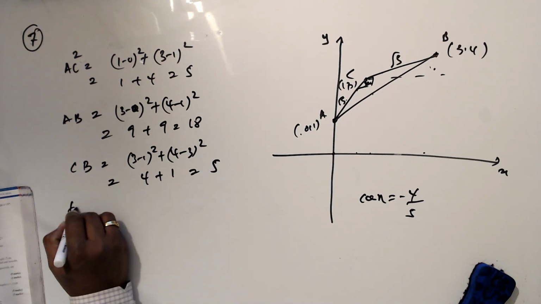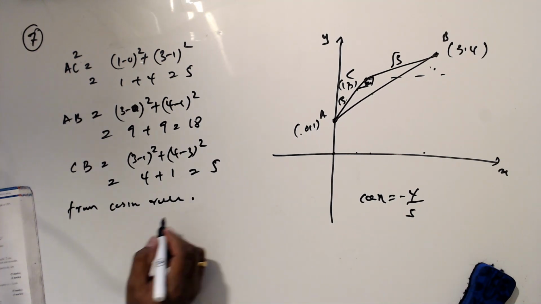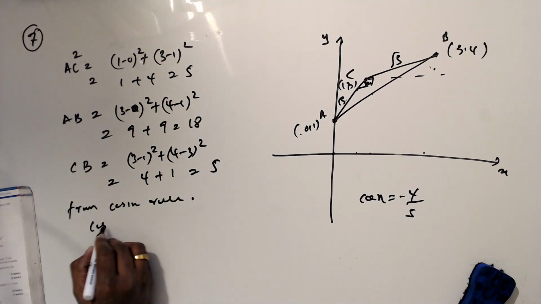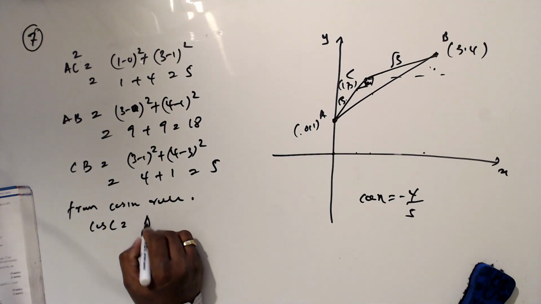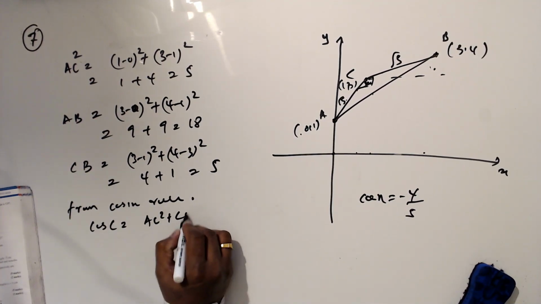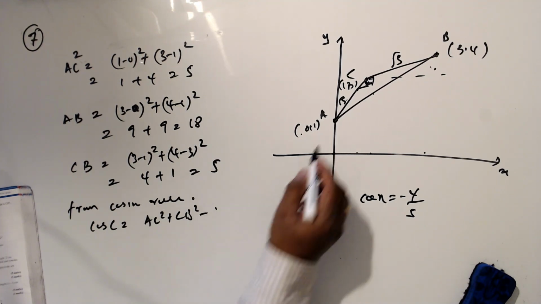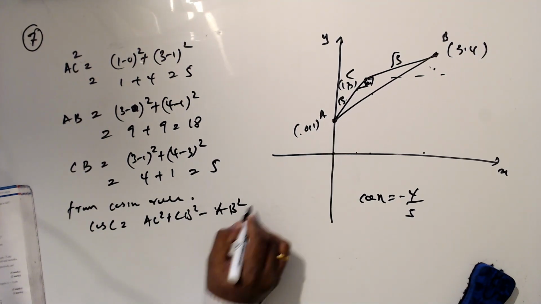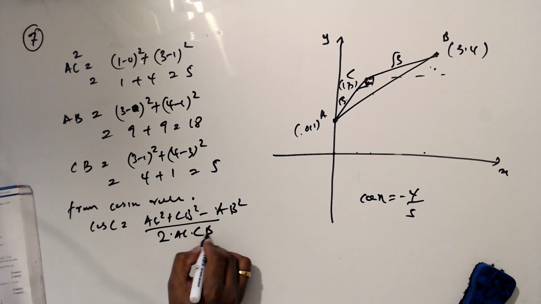Now from cosine rule, cos C equal AC square plus CB square minus AB square over 2 times AC CB.